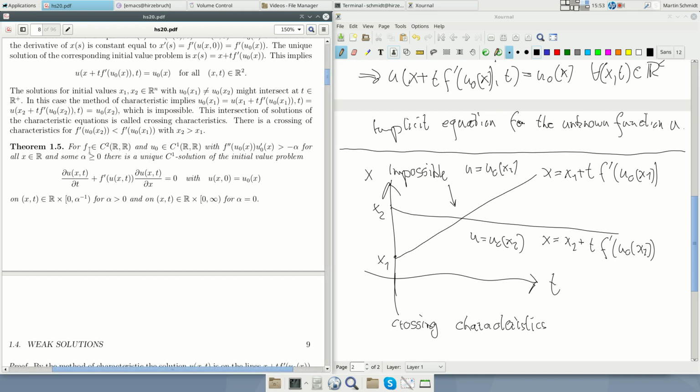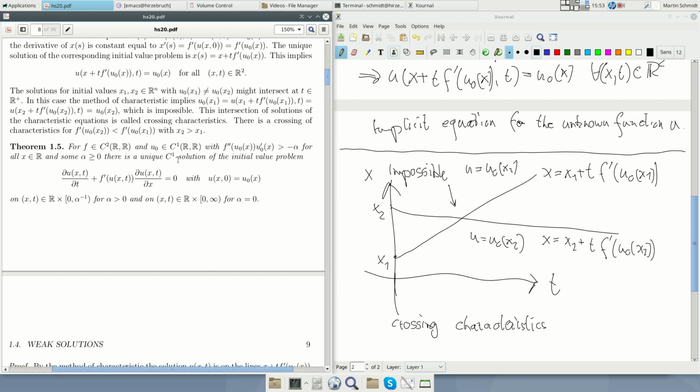We assume that the function f is two times continuously differentiable and u0 is one time continuously differentiable. And we assume that this expression, we will see in the proof how it shows up, is larger than minus alpha, where alpha is a non-negative constant, and this should hold for all x.